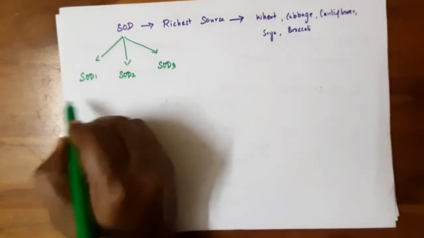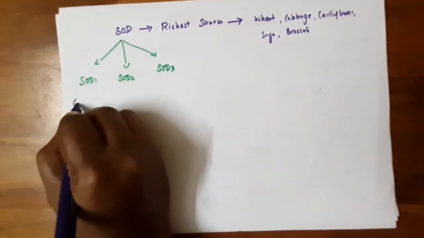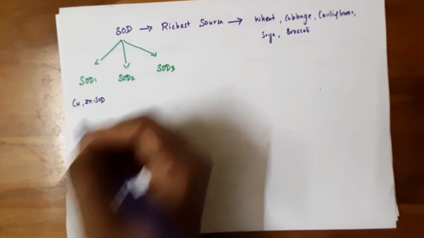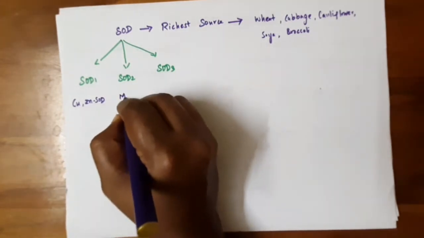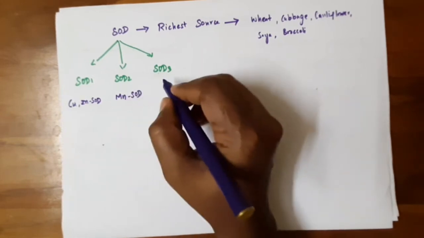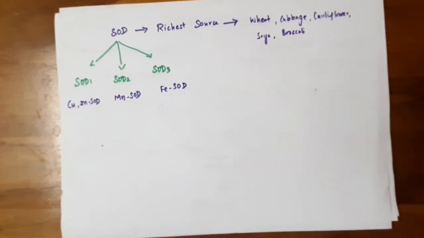In the first form, copper zinc superoxide dismutase; the second form, manganese superoxide dismutase; and the third, iron superoxide dismutase.